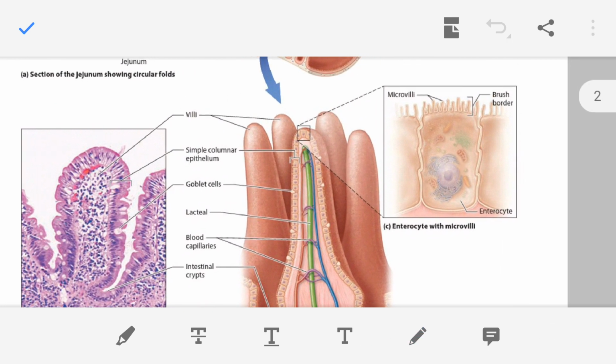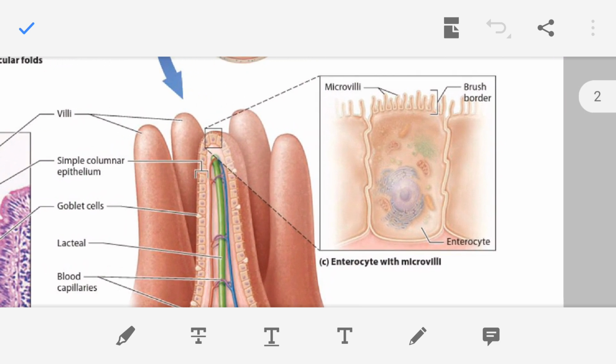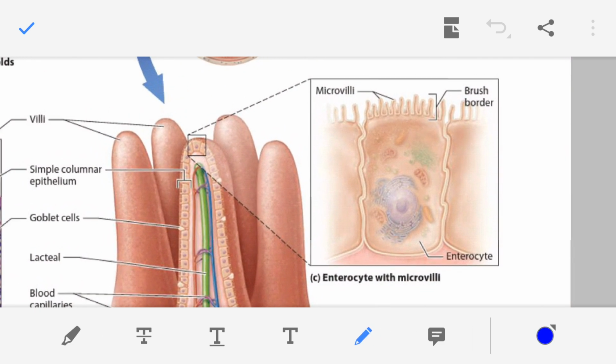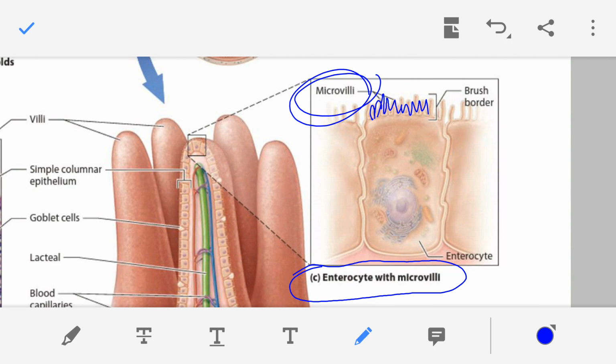Now in this villi, as you can see, these enterocyte cells are present, and on the surface of this enterocyte cell this small finger-like projection are present, and these are known as the microvilli.